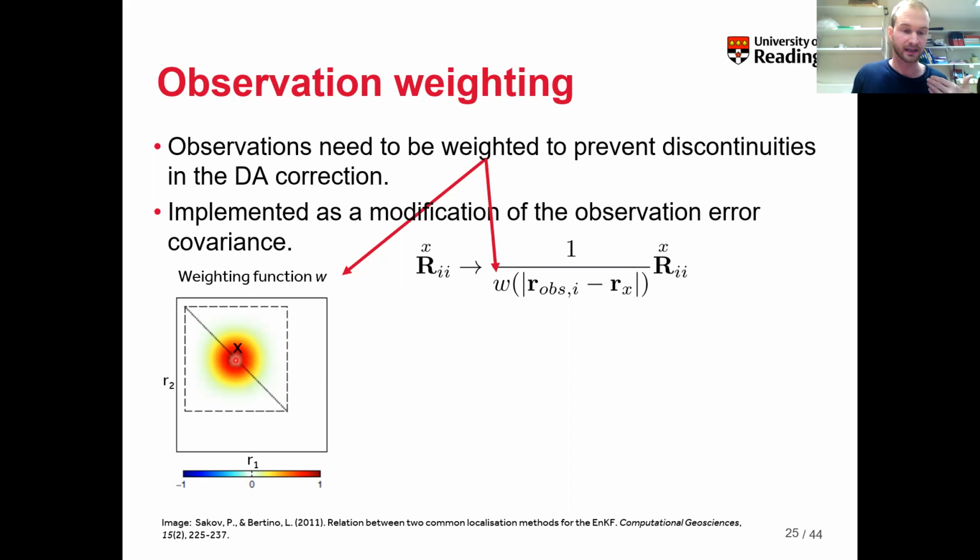So X is the grid point for which you want to calculate the Kalman filter correction, and the colors indicate the weighting for any observation as a function of space. And in practice, the way this weighting is applied is by increasing the observational error variance in the matrix R.